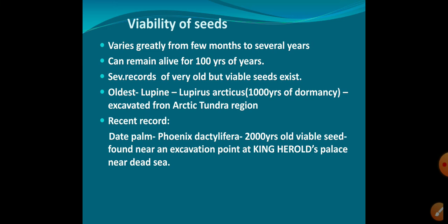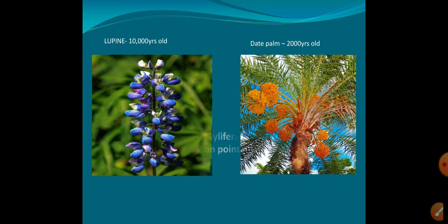dormancy. So that was found, and the recently found one was date palm, and you can see the images of these lupine, 10,000 year old seeds. Date palm, the recently found one, has a 2000 year old dormancy period. Phoenix dactylifera, 2000 years old.